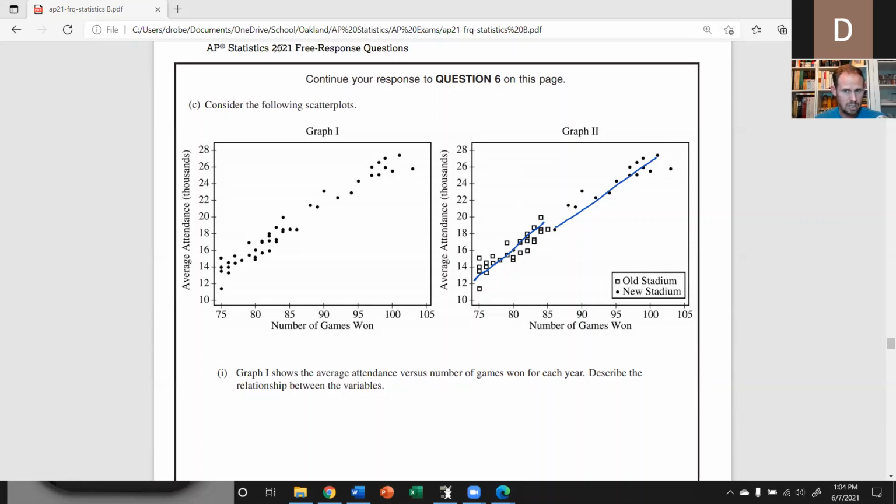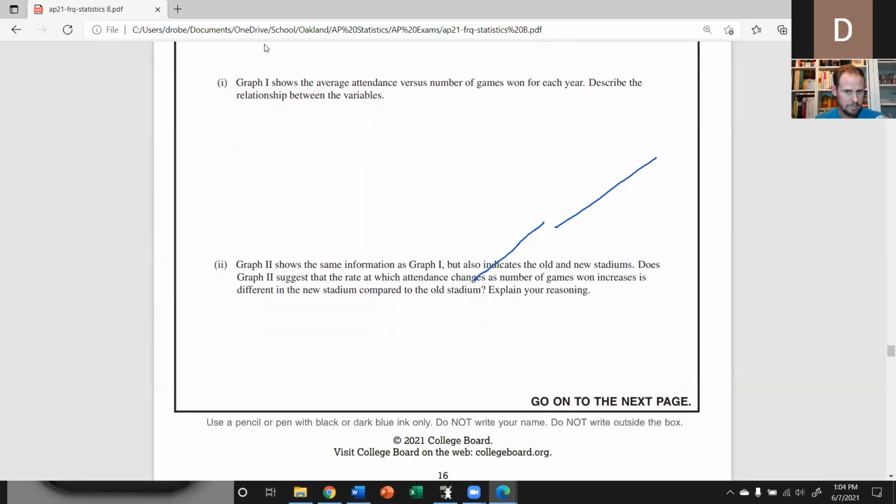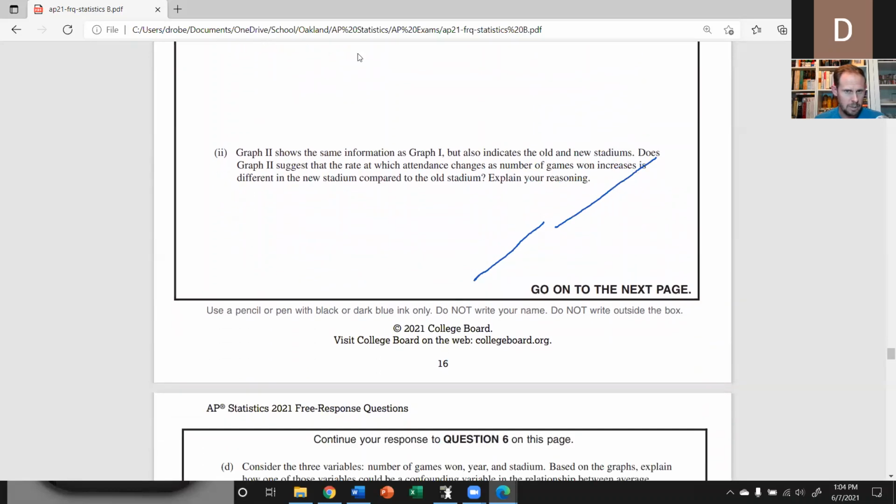It looks to me like they probably have a pretty darn close slope. So I would say, based on this graph, they have pretty much the same slope regardless of which stadium they're in. So the stadium doesn't seem to be making the difference. It's the wins that are making the difference. So let's see. Does graph 2 suggest that the rate at which attendance changes as number of games won increases is different in the new stadium compared to the old stadium?